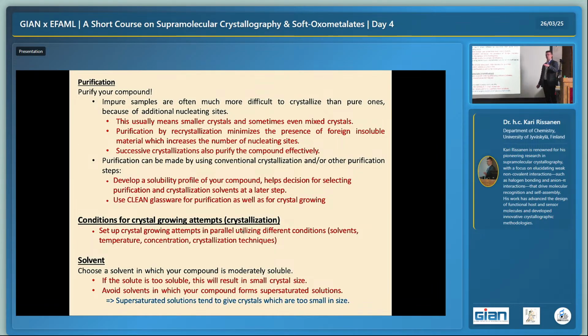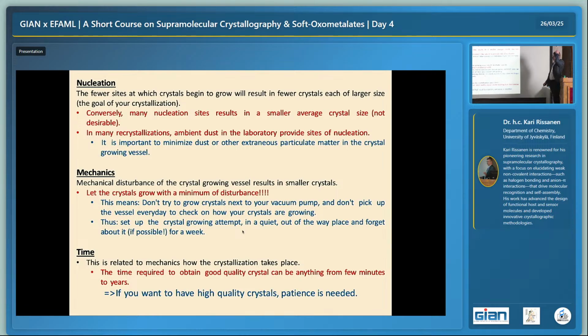So this is the idea that you get so high a concentration at a certain temperature that when you tap it, it will solidify. So the concentration is too high. This is a rather rare situation, luckily, but it can happen, because by shaking, it will freeze the whole thing. But that's the idea. Supersaturation also gives too small crystals.